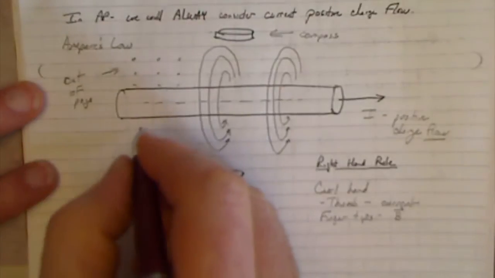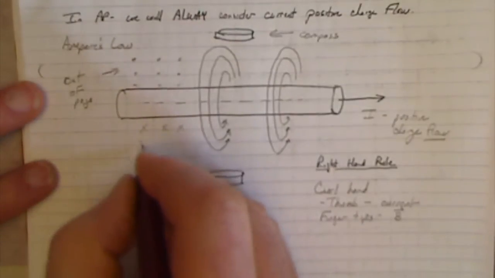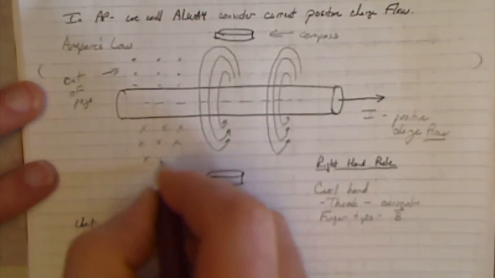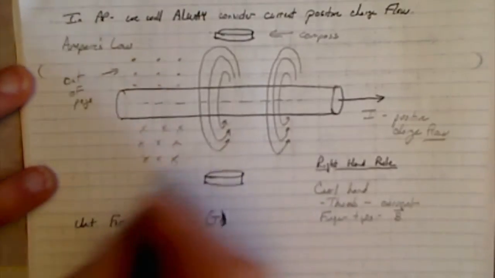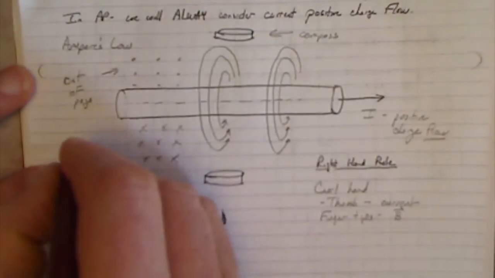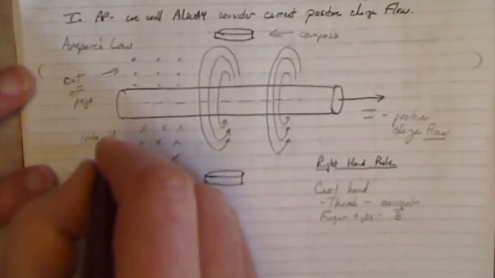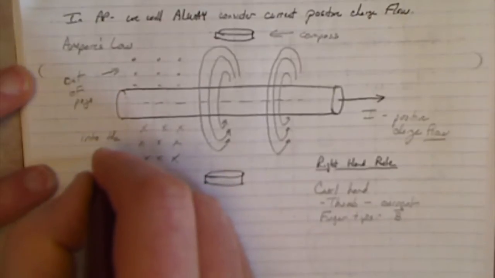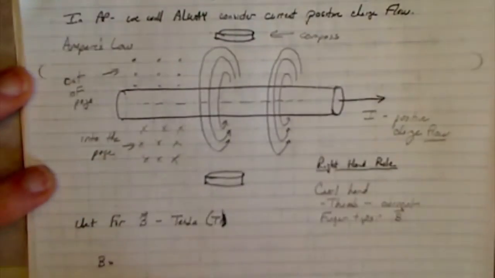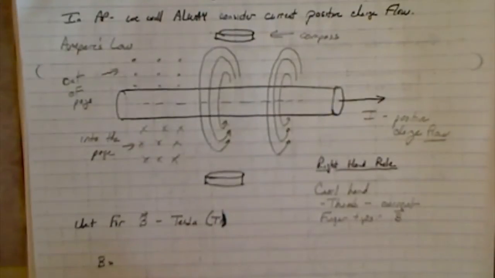And then down here, I can put in a field of X's, and X's mean into the page.